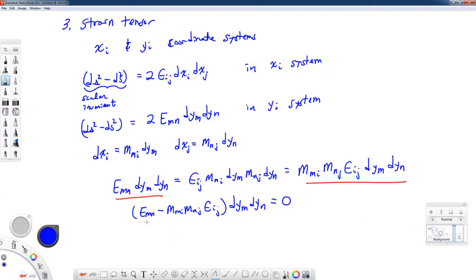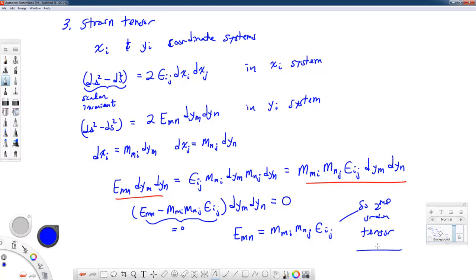And if this is 0 inside the parentheses, then the new components are equal to 2 transformation matrices times the old components. So we've just shown by the definition of a second order tensor, using the component definition, that this is a second order tensor.